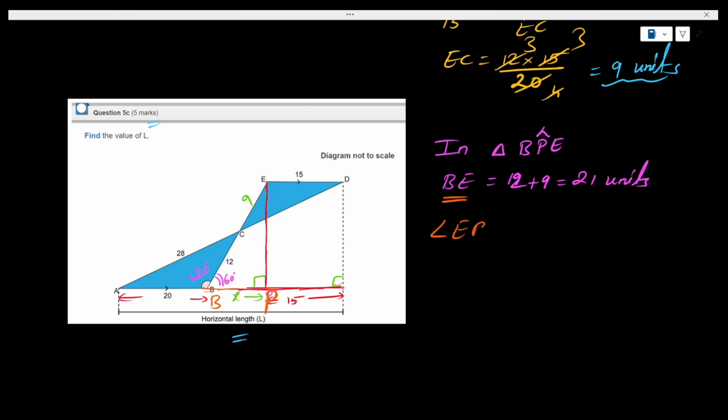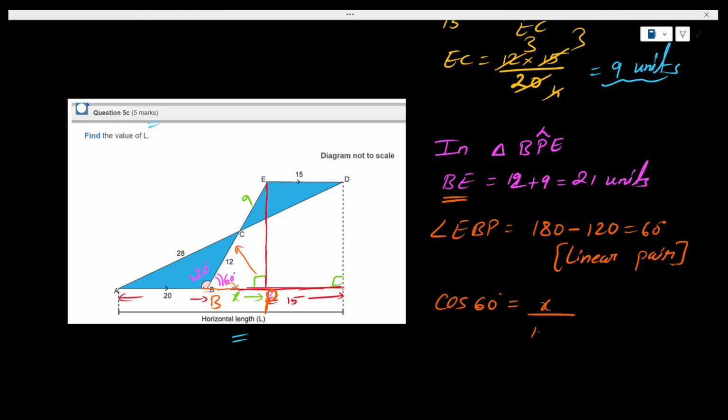Then angle EBP is 180 minus 120, which is 60°, using linear pair angle on a straight line, sum up to 180°. Now which trigonometric ratio will you use to find out x? We'll use here, because hypotenuse is known and adjacent is unknown, cos 60 equals x by 12 plus 9, which is 21. So x is going to be 21 times cos 60, and cos 60 is sine 30, which is half. 21 times half is going to be 10.5 units.